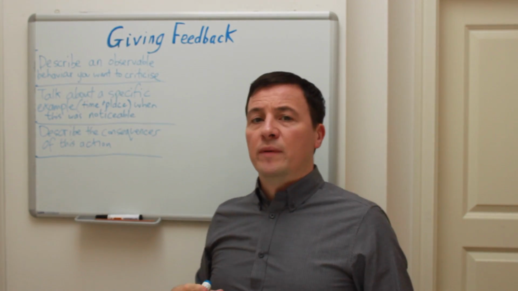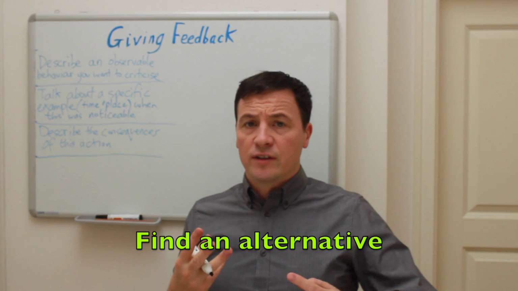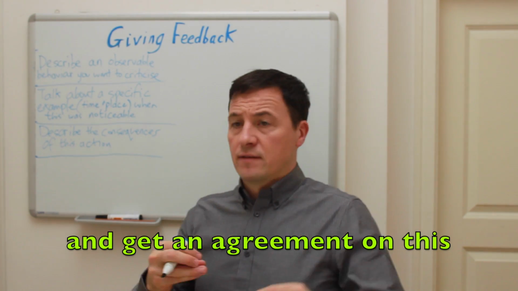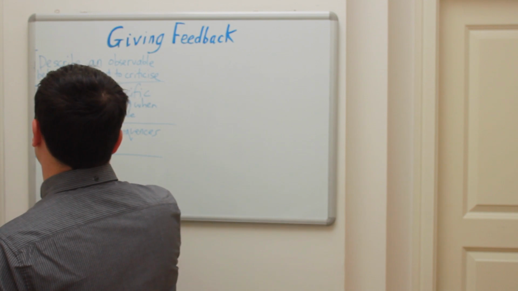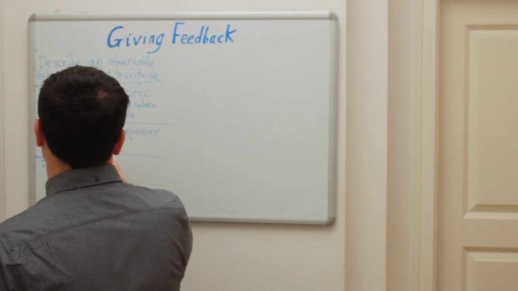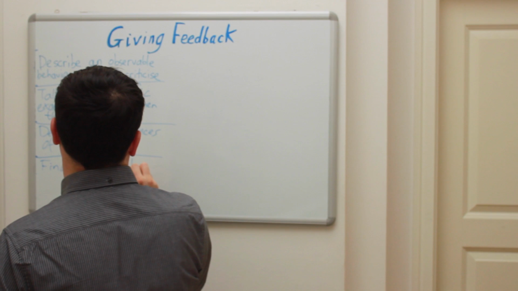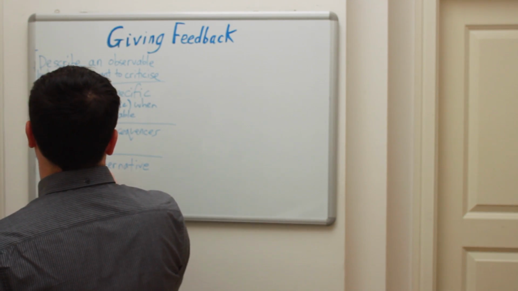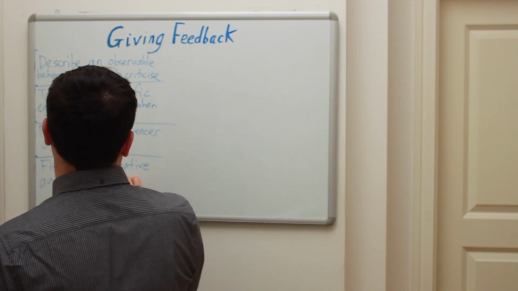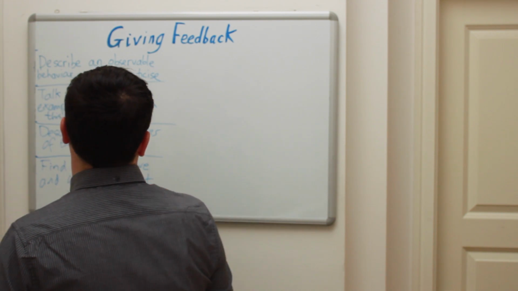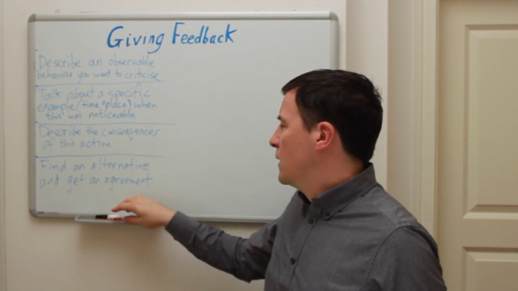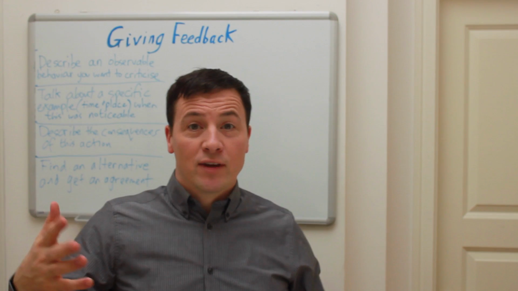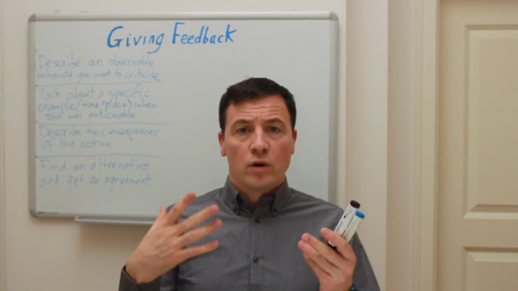And then the last step would be to find an alternative and get an agreement on this. Okay, so these would be some typical steps on how you can give feedback when you want to be critical.